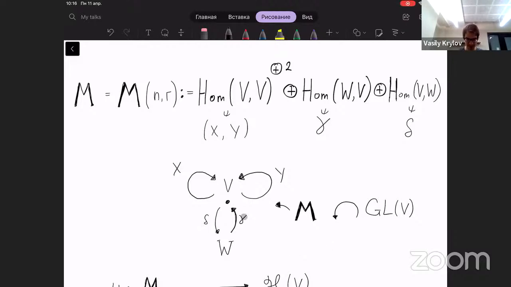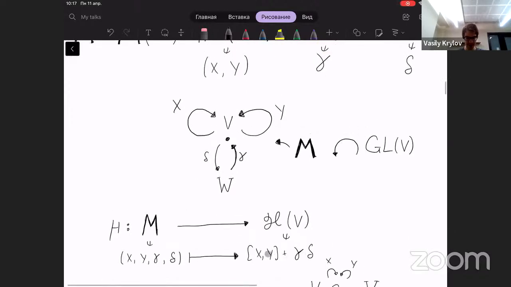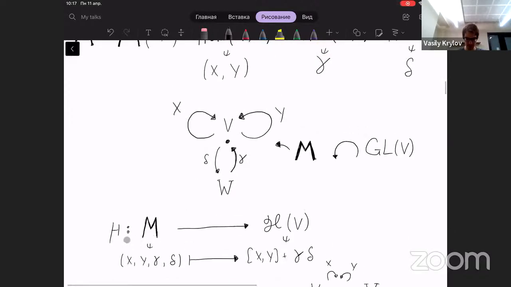Okay, so we have this space, just a vector space, and on this vector space we have an action of the group GL(V), just changing the basis. This action is actually symplectic, and we have a moment map mu, which can be described as follows. You just map your quadruple x, y, gamma, delta to the commutator of x and y plus gamma delta. This is just some map from M to gl(V), a very natural one.